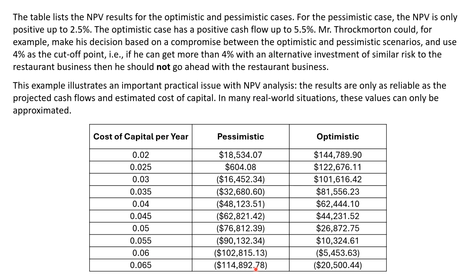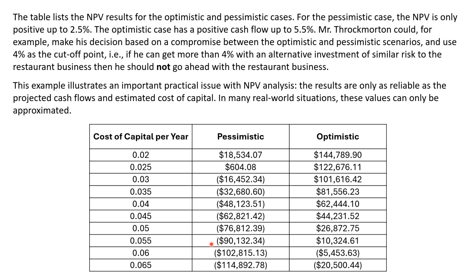The table I have here shows the NPV values for the pessimistic case and the optimistic case. In the pessimistic case, the cutoff is a little over 2.5%, or a rate of 0.025. And for the optimistic case, you would expect the cutoff is larger.